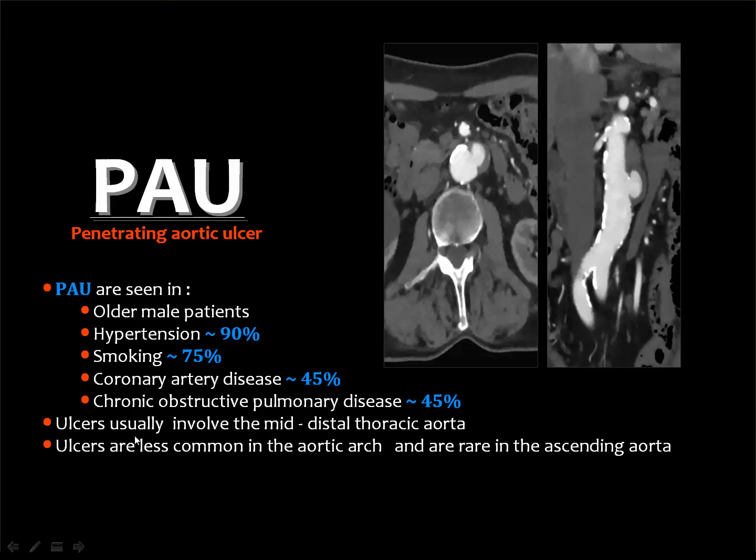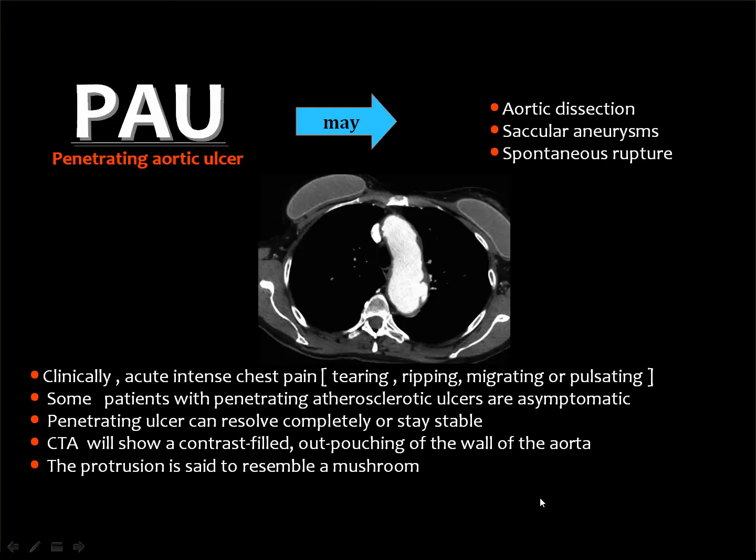Then ulcers are usually seen in the mid and distal thoracic aorta, and the ulcers are less common in the aortic arch and rare in the ascending aorta. But here you can see a penetrating ulcer in the aortic arch. And penetrating aortic ulcer may lead to dissection, may lead to saccular aneurysm, may lead to a spontaneous rupture of the aorta.